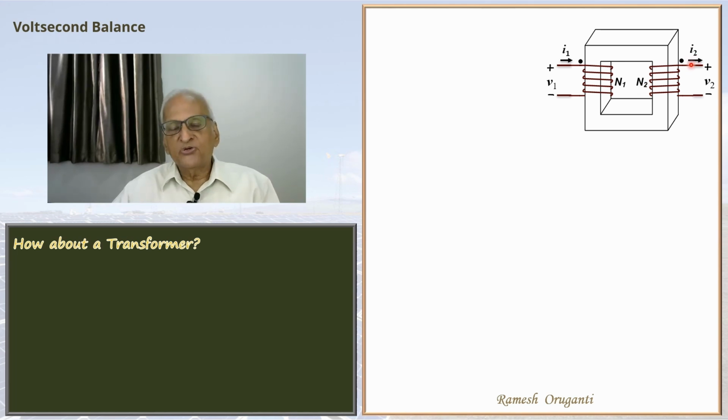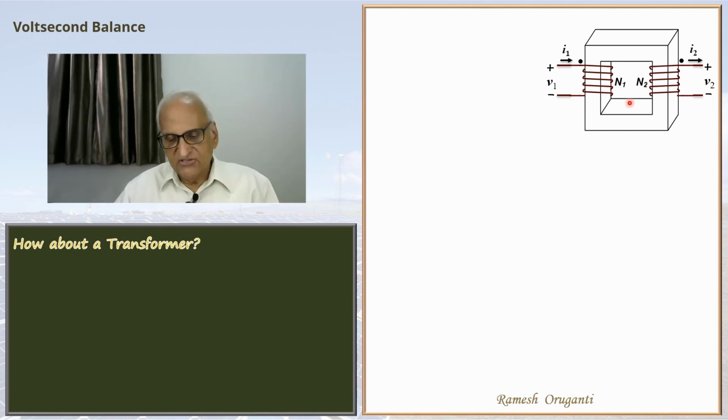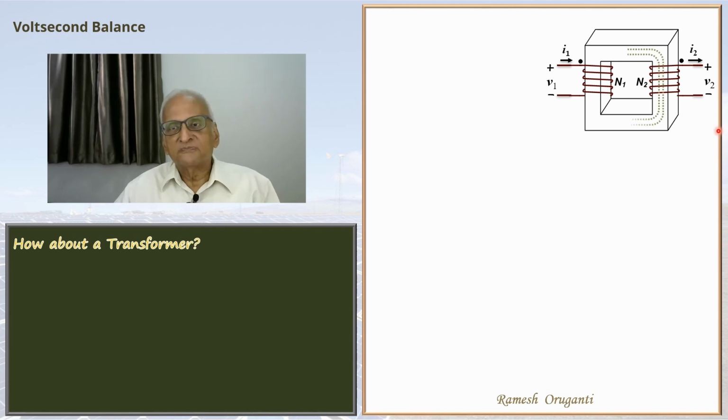These two will cancel out almost totally, but there will be a small difference. That difference drives the flux in the core. So the flux is phi.